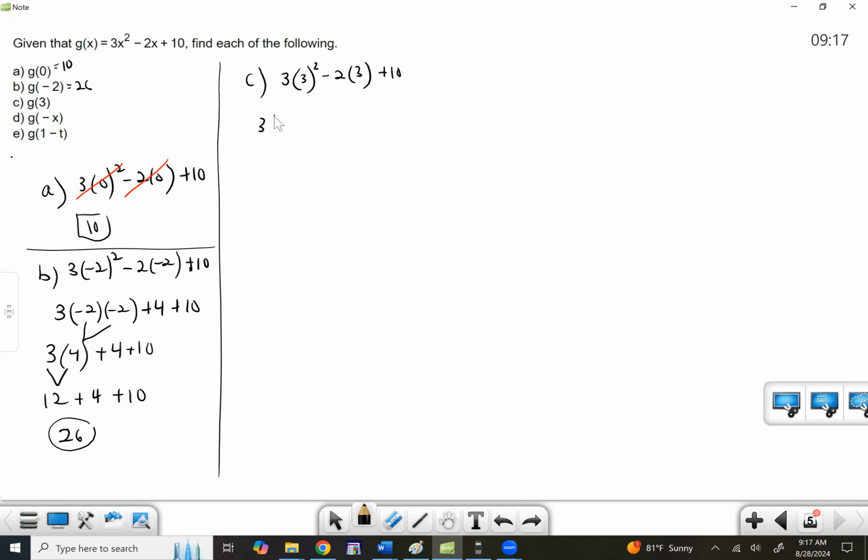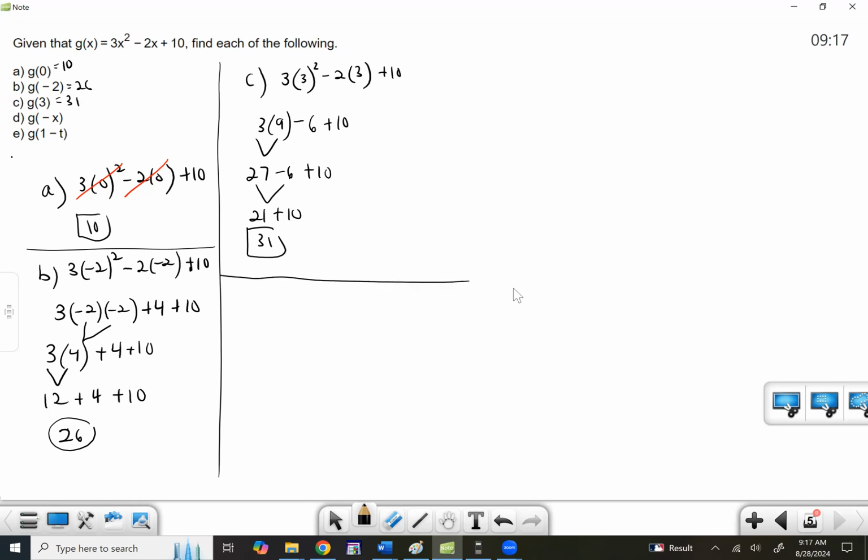So 3 times 3 is 9. And we might as well do the 2 times the 3. That'll get us 6. So 3 times 9 is 27. So 27 take away 6 is 21. If we add 10 to that, we're going to get 31. So far, doing pretty good.